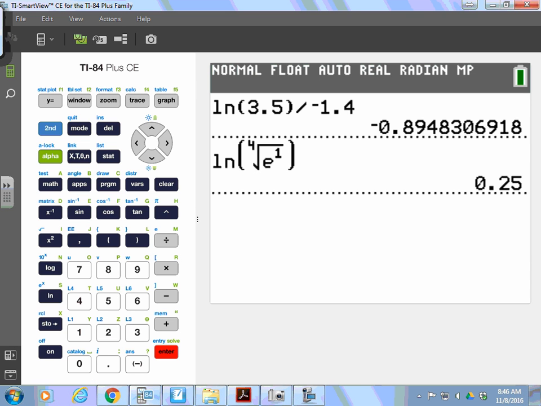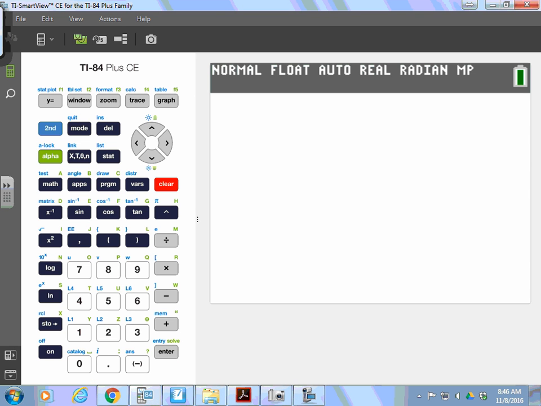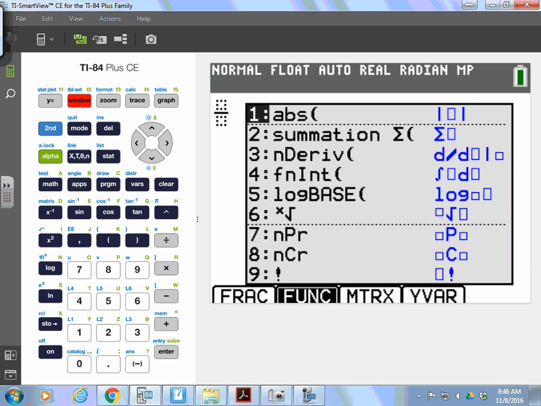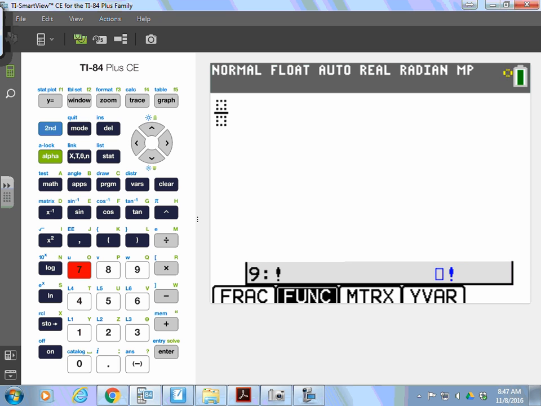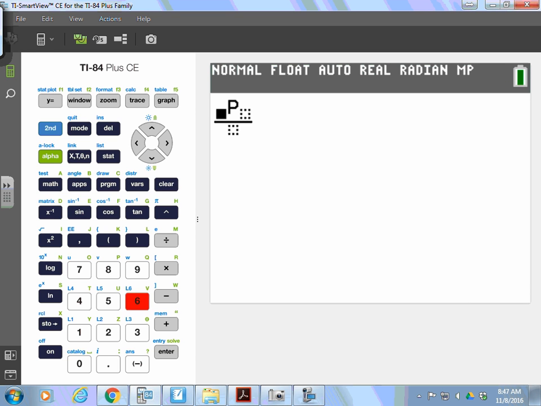So on my calculator, I put a fraction bar, and we can do a permutation. Oh, you guys can't do that, can you? Which we can. So we have 62 choose 5 in the numerator and 62 to the 5th power in the denominator.